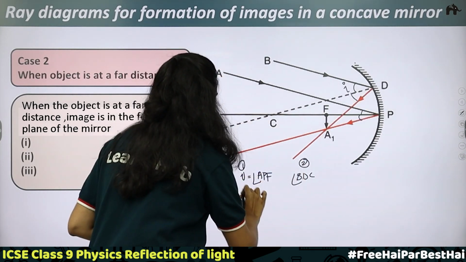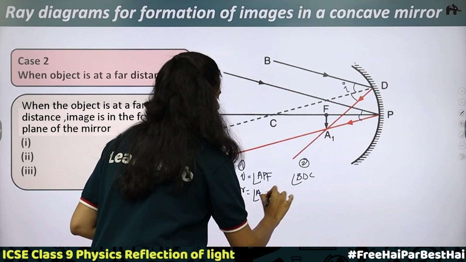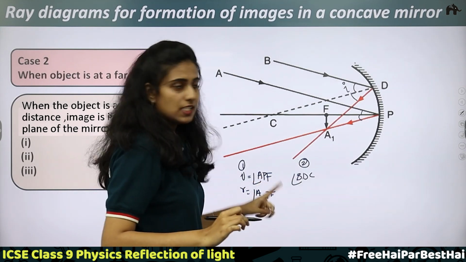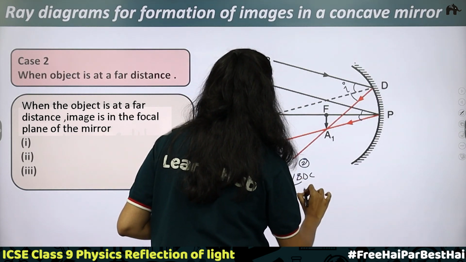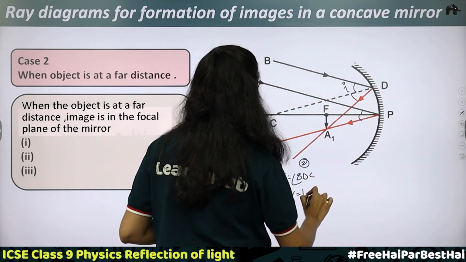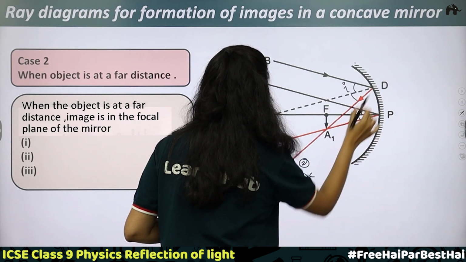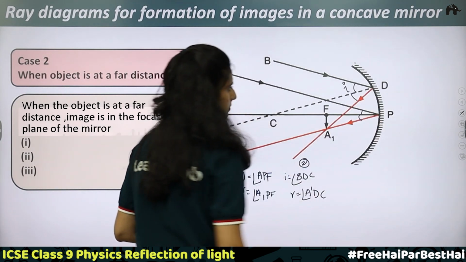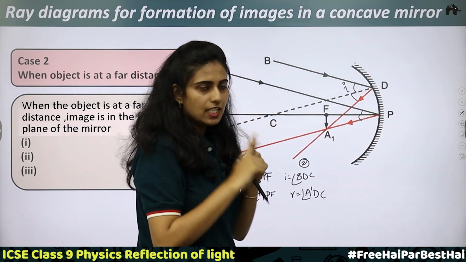Here r is equal to angle A1PF or A1PC, and here the angle of reflection is angle A1DC.